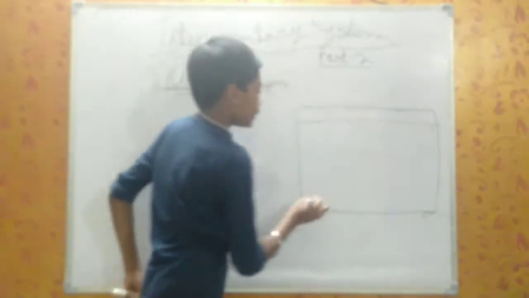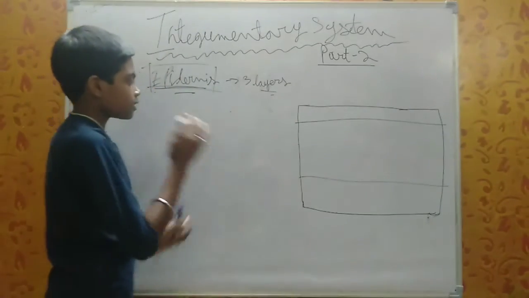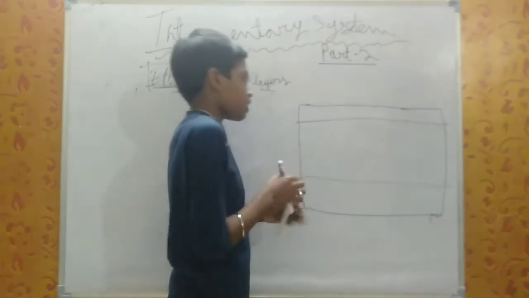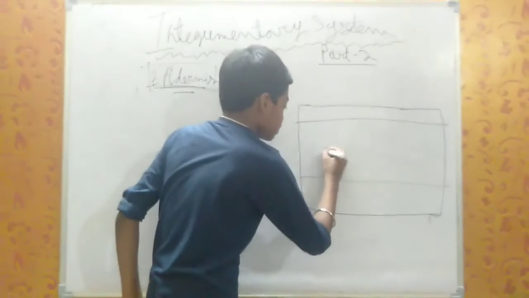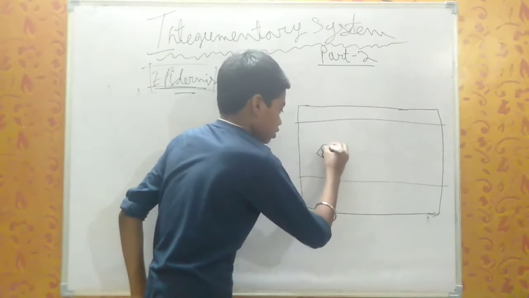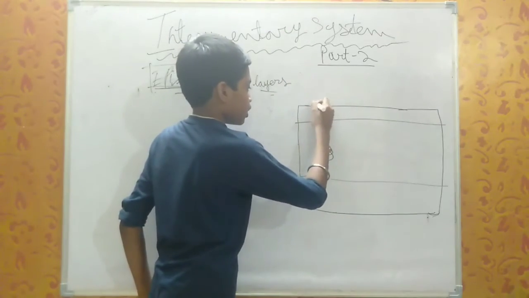This is the epidermis, this is the dermis, and this is the subcutaneous tissue. So the dermis is very large, and only in the dermis there are sweat glands, right? These are the pores of the sweat glands.